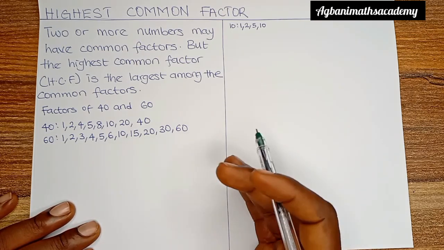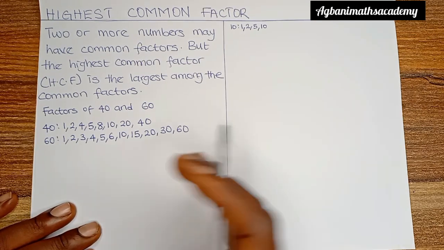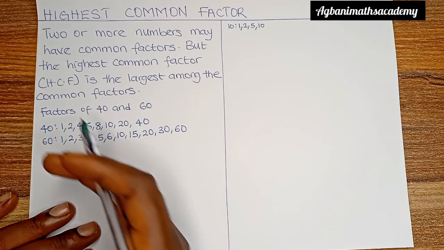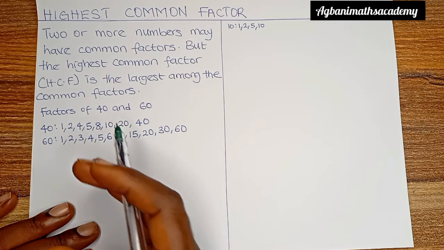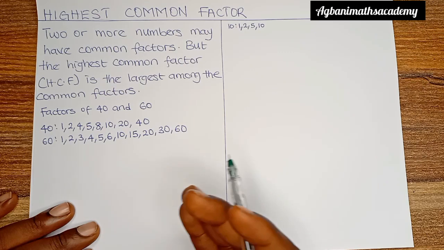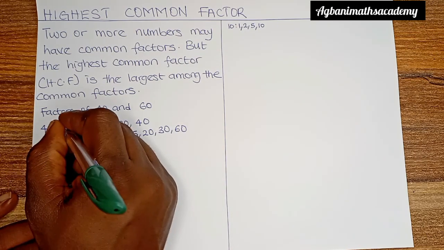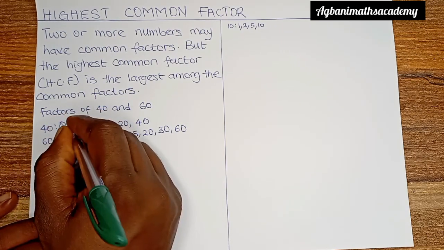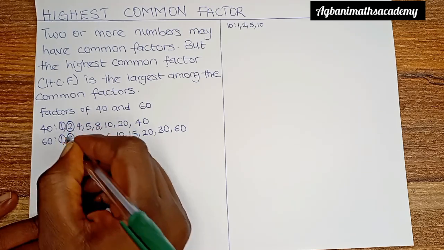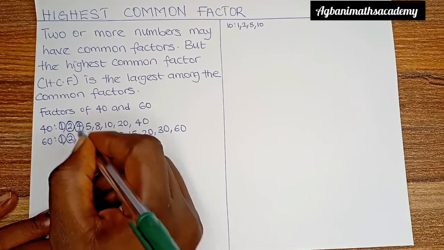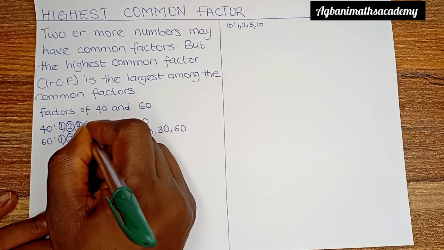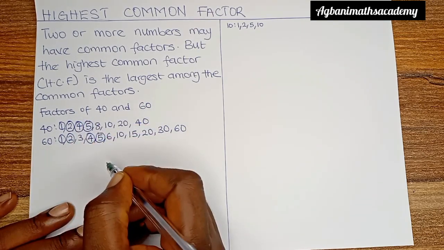Now we have seen the factors of 60. We have also seen the factors of 40. Let's look at the two sets of factors to see if they are common factors. Okay. 1 is here, 1 is here. 2 is here, 2 is here. 4 is here, 4 is here. 5 is here, 5 is here.